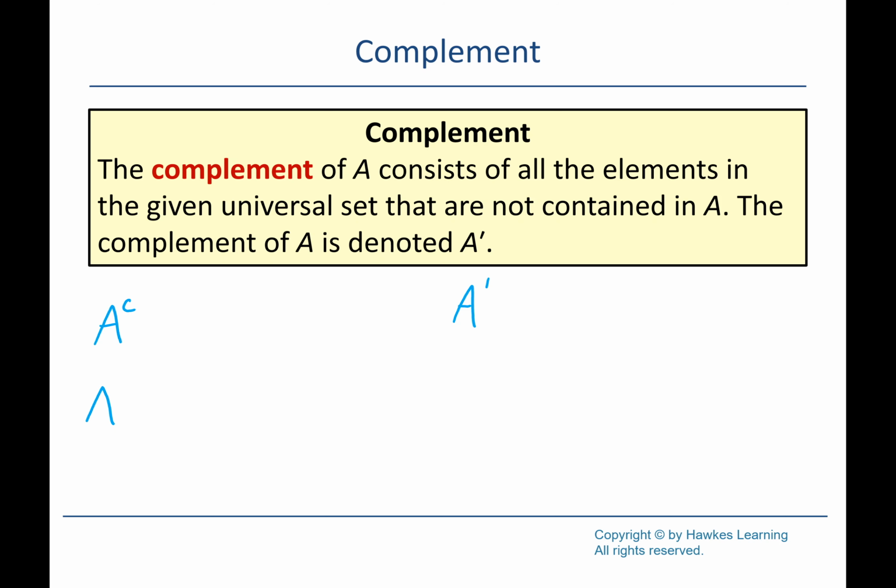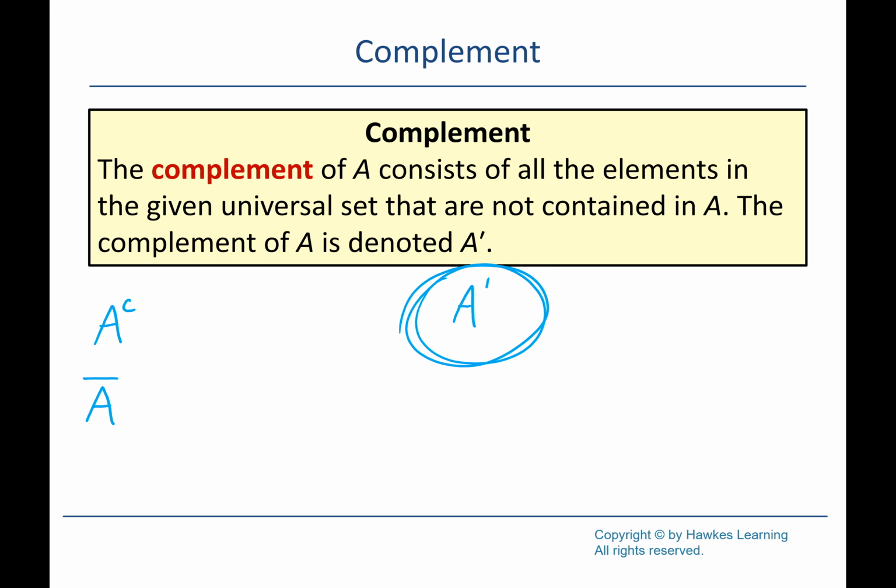Sometimes you'll see just a bar over the top. That can mean complement. But in this class, every time we say complement, we use the tick mark. Just all the elements that are not in that set, all the elements in the universe that are not in that set.